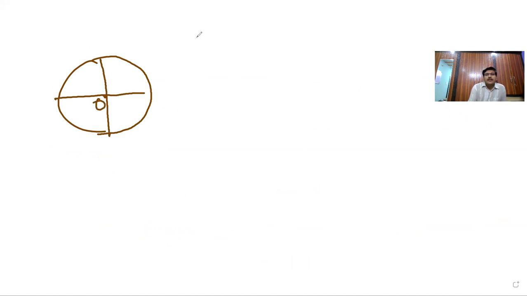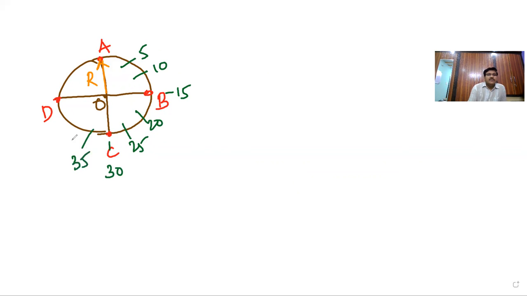So first the initial point A, B, C, D, and this is the minute's hand having the radius R. Now again, in this case, this is 5 minutes, 10 minutes, 15 minutes, 20, 25 in the clock, 30, 35, 40, 45 minutes, 50, 55, finally at A, 60 minutes. This is the clock position.